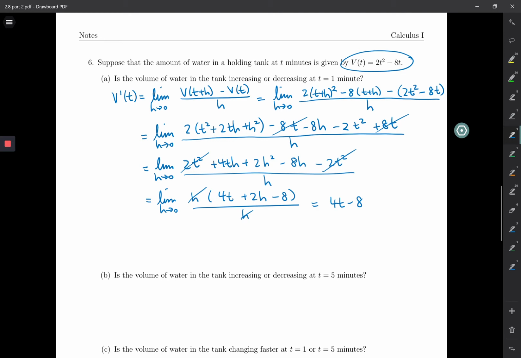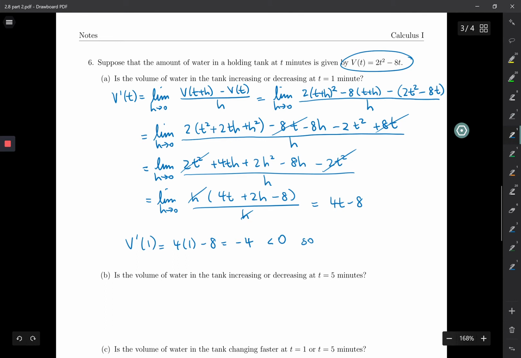If we want to evaluate it at 1, we can just use our formula to evaluate it at that point. When we plug in 1 to this formula for v prime, we get 4 times 1 minus 8, so negative 4. That means that the derivative at 1 is negative, and what that means is that the function is decreasing there. So this is less than 0.